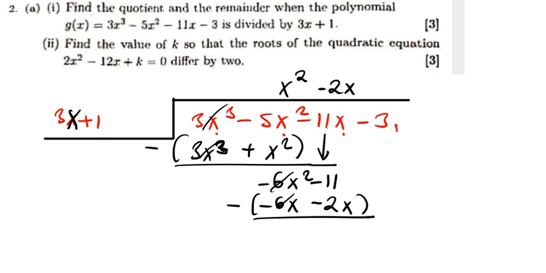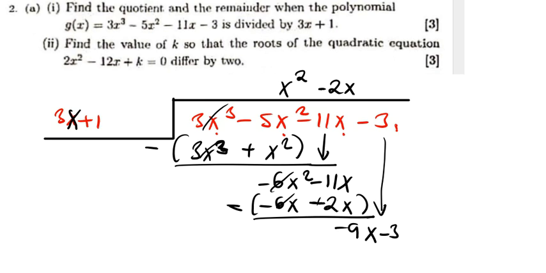Then this is going to be negative 11x minus minus 2x, so the minus and minus is positive, and it will give me negative 9x. Again, I can't divide that directly. I need to bring this guy down, so it will be minus 3.